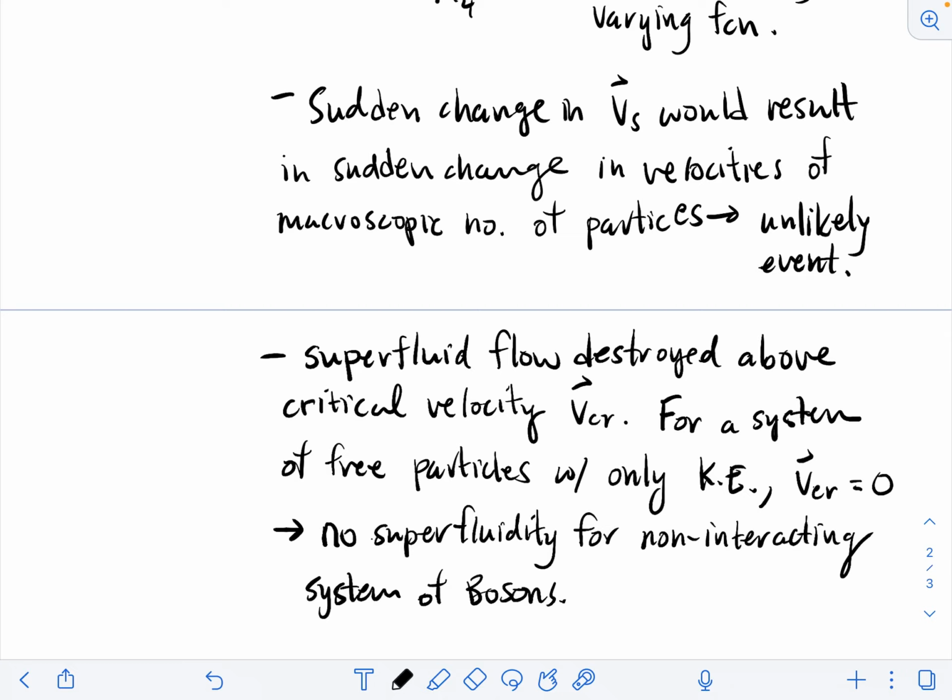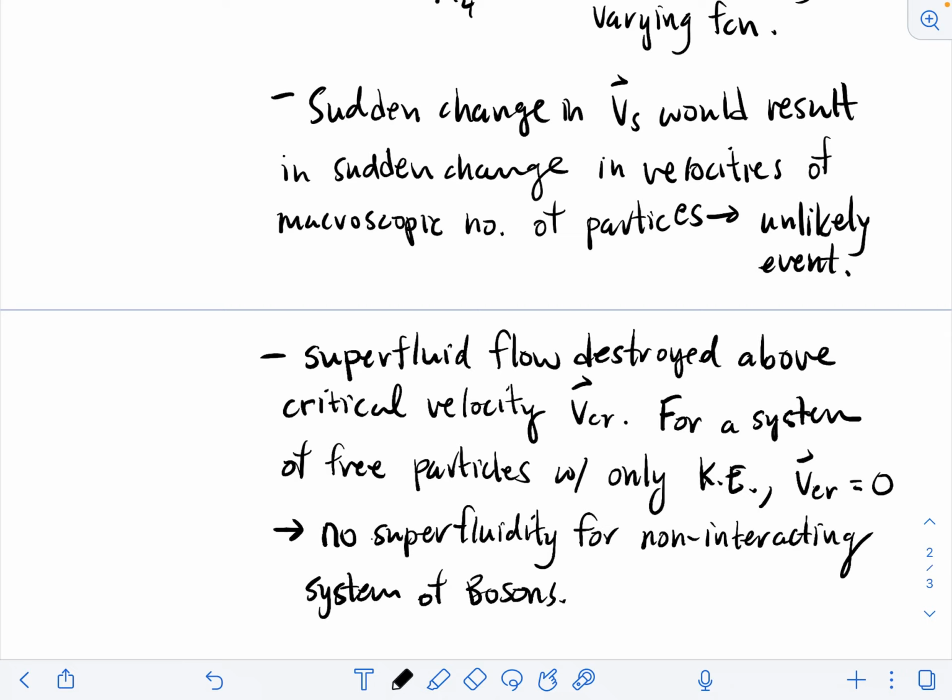And so the other cases we looked at were a dispersion relation, energy versus momentum, or energy versus k, that was linear, and then one that was quadratic, but not quadratic centered on 0, but offset from 0. And these corresponded to the phonon dispersion for the linear case and the so-called roton dispersion for the offset quadratic case.